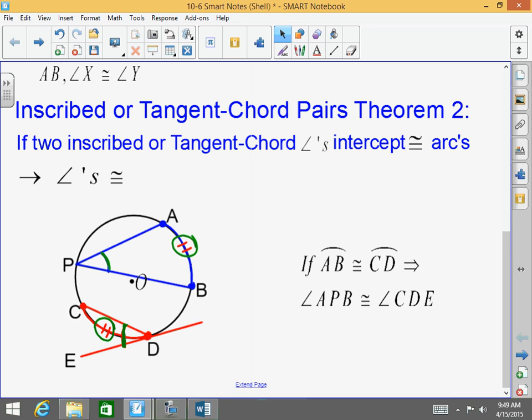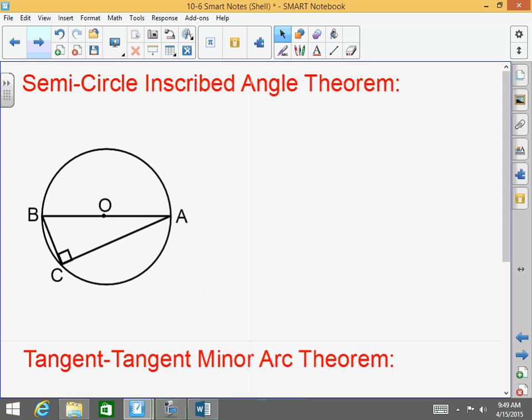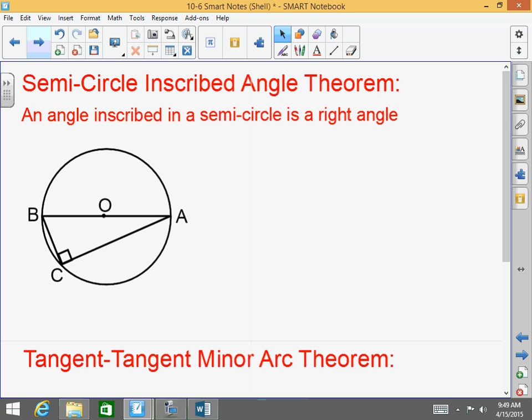May I continue? Okay, semicircle inscribed angle theorem. I like this one a lot. An angle inscribed in a semicircle is a right angle. Easy peasy. Check this out. Angle ABC here is an inscribed angle.